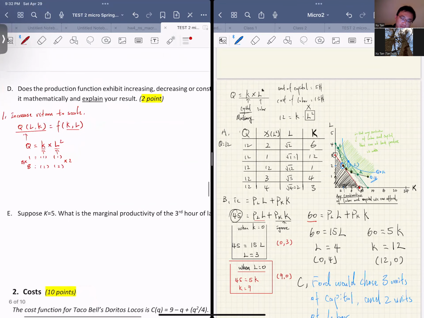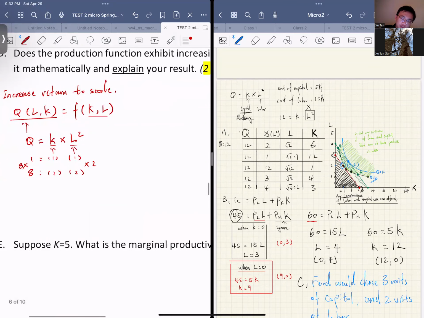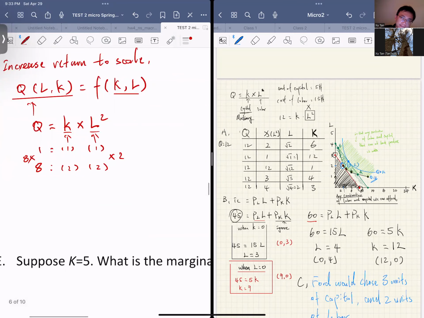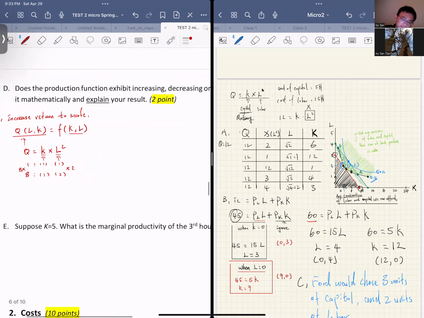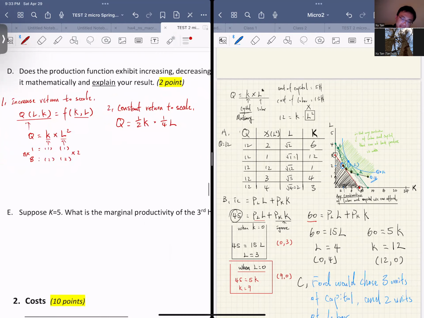Okay, so I'm going to give you a function that's constant returns to scale. So I'll have Q equals half K times 1/4 L. This is not the most efficient way to test it, but it will work for every scenario.